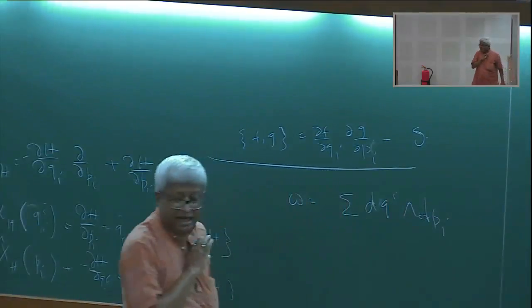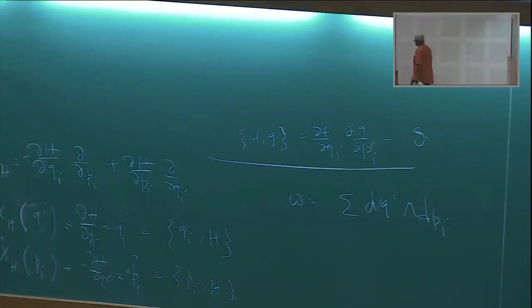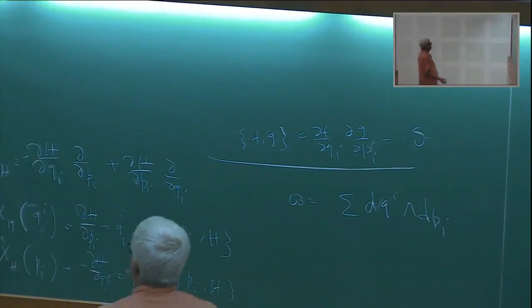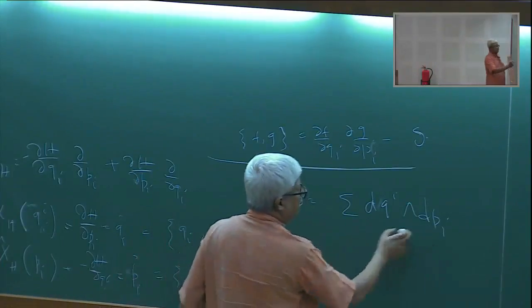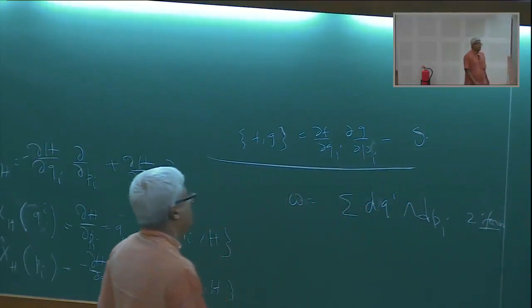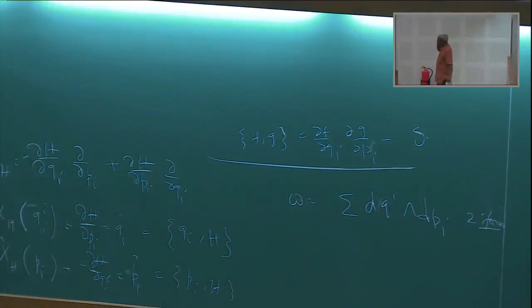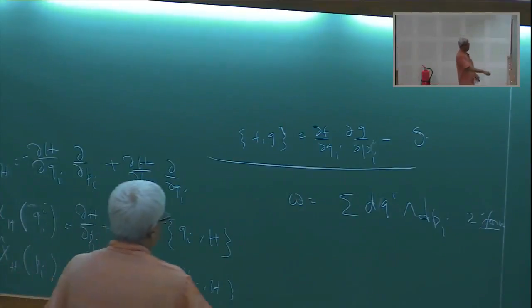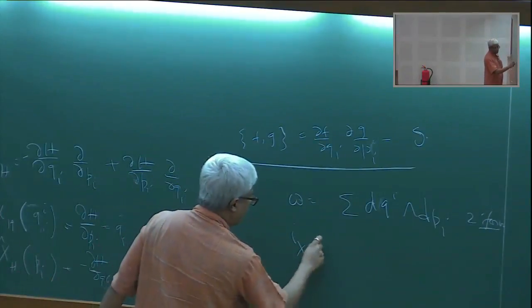Irrespective of any Hamiltonian system you carry, this is the structure it carries. This is a two form, it's basically wedging over this one. And the universal way of writing the dynamics is basically i_{X_H} ω = dH.